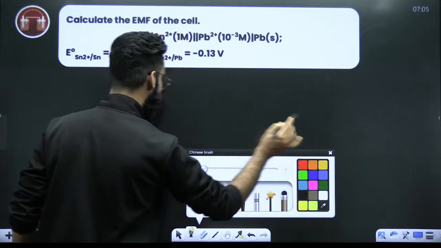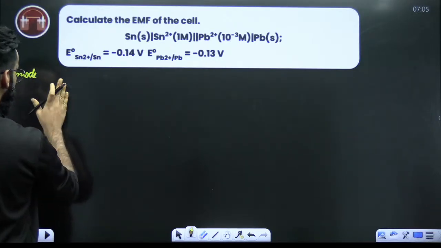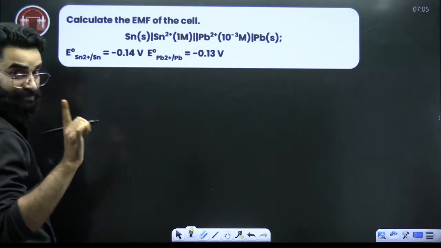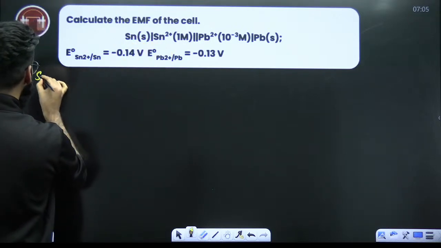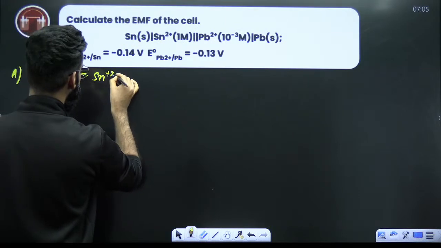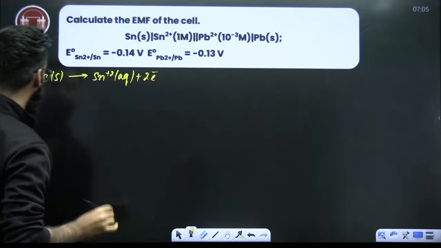So first of all, I'll be writing the reaction taking place at anode. Tell me what will be the reaction at anode. At anode, oxidation will take place. Tin is getting converted into Sn di positive. So Sn solid will be getting converted into Sn di positive aqueous, and with that you'll be writing 2 electrons. This is the reaction at anode.